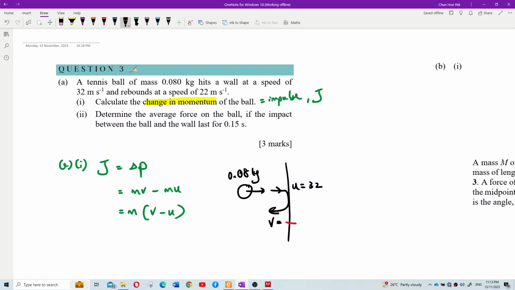So mass is 0.08 kilogram, multiplied by the velocity, negative 22 minus 32. That's right.